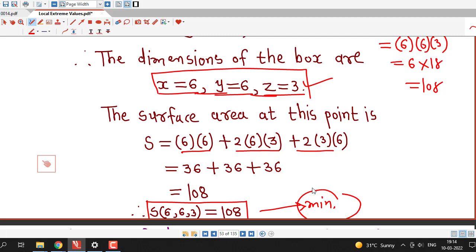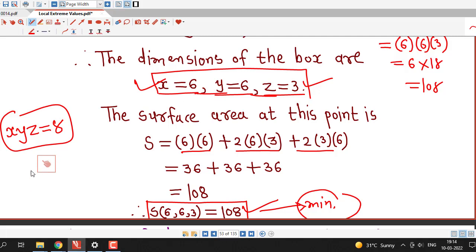We can verify that by considering another point different from this point satisfying this constraint and finding the value of surface area at that point. So if we consider any other point satisfying this constraint, then the surface area at that point must be bigger than 108, which is the surface area at this point.